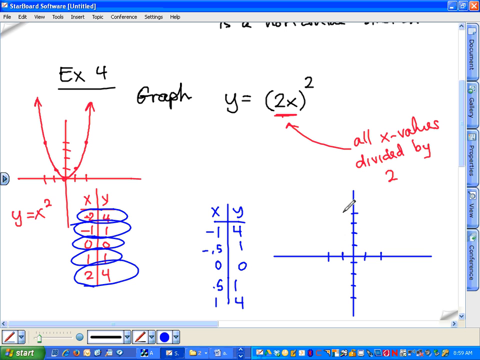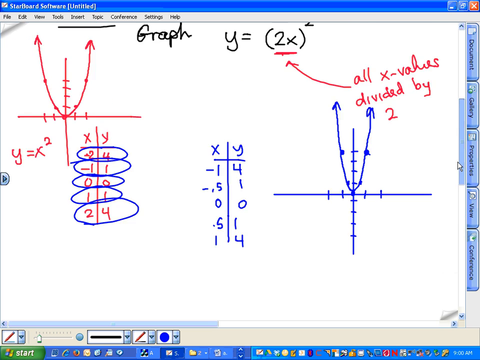So, negative 1, comma 4, negative 0.5, comma 1, 0, 0, 0.5, comma 1, and 1, comma 4. So doesn't this parabola appear to be much skinnier? Yeah. So these are examples of horizontal and vertical compressions or shifts.